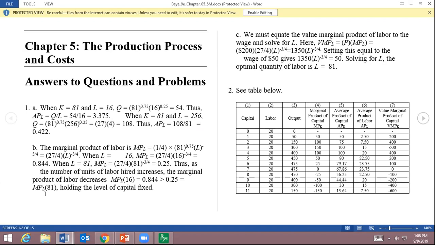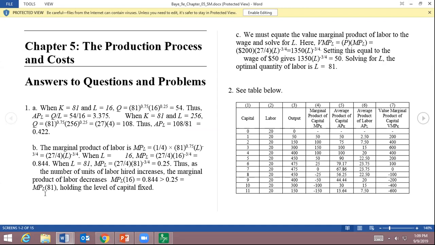And then remember, whenever we have x to the a times x to the b, that equals x to the a plus b.